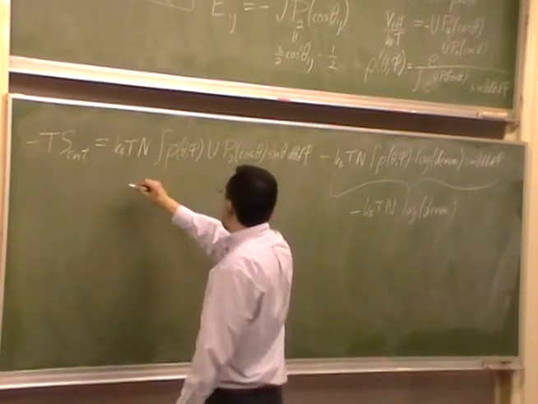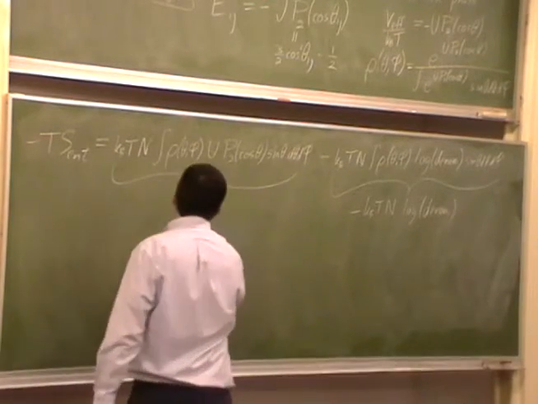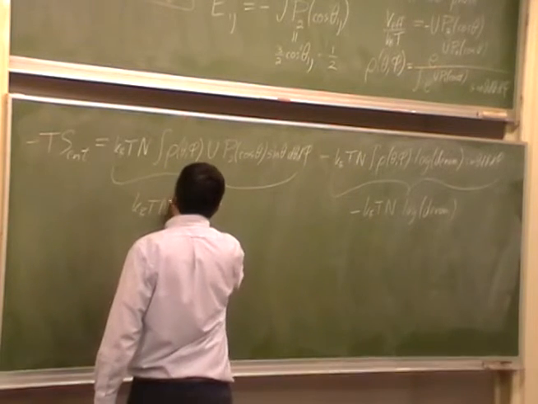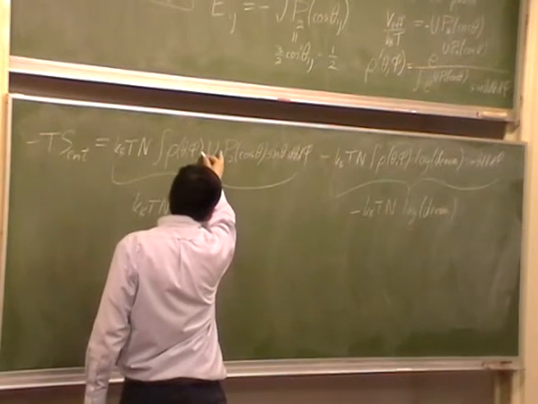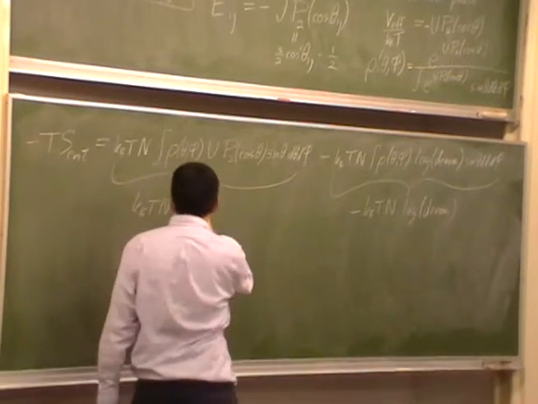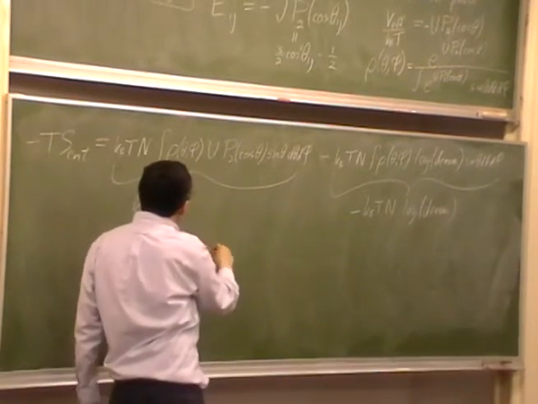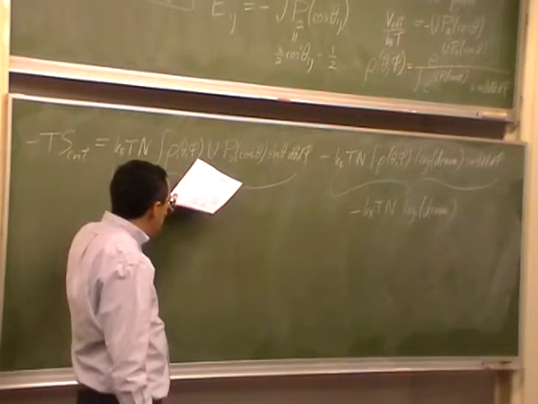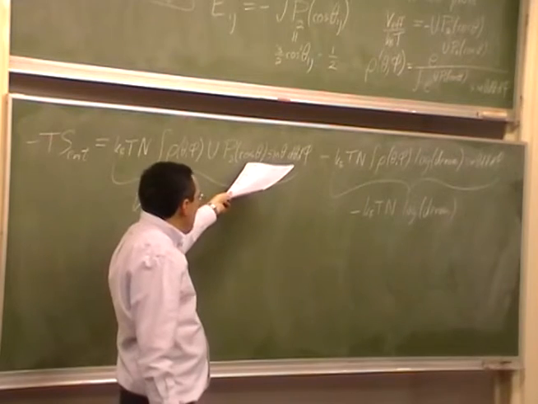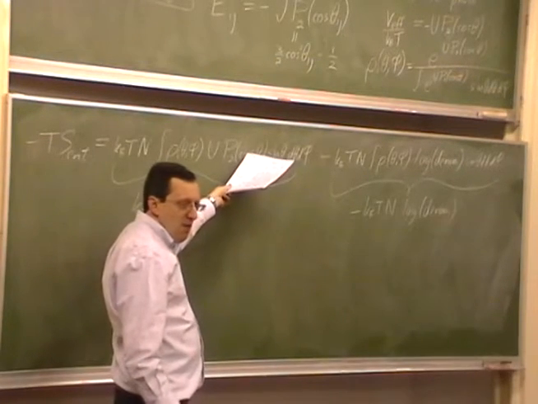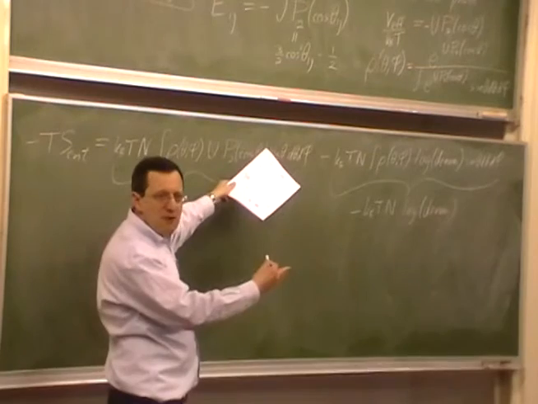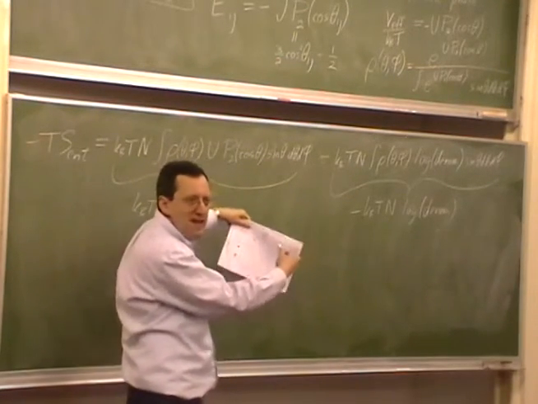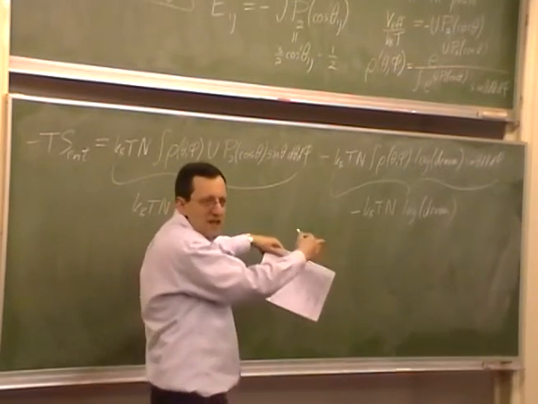And what about the first term? Here we have our kTN, and if I factor out this u parameter, then what's left is an integral over the probability distribution function of P2 of cosine theta. You recognize that, right? That's how you calculate the averages of things, by integrating that thing times the probability distribution function.